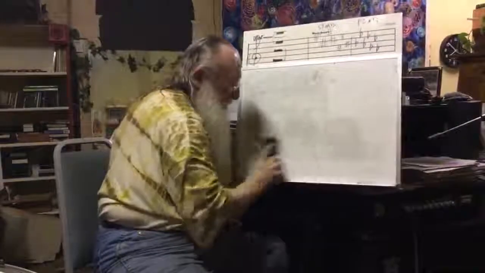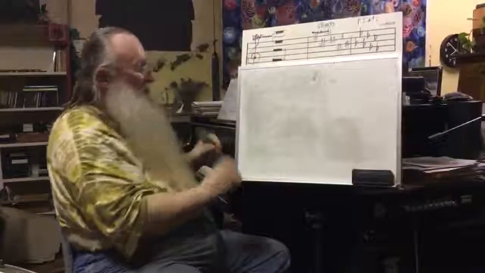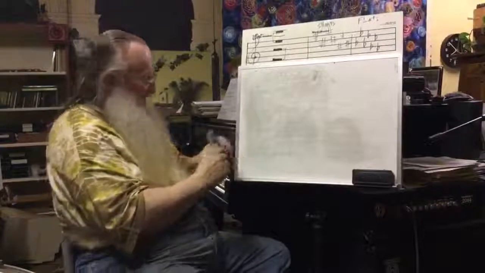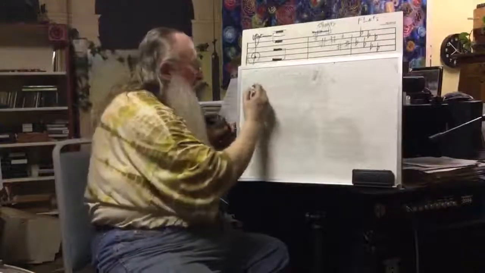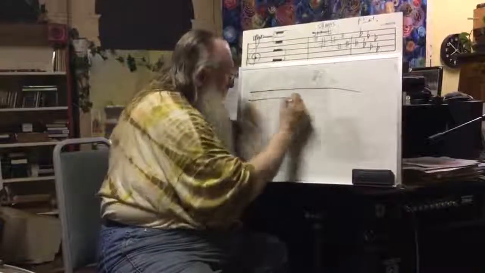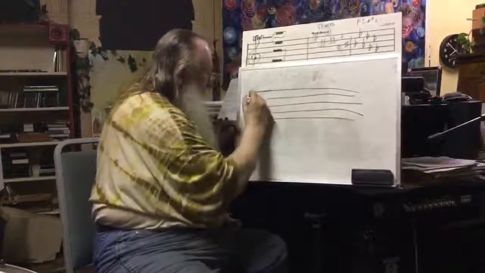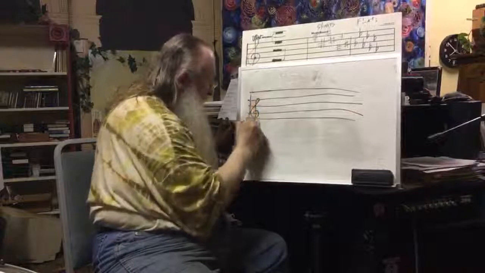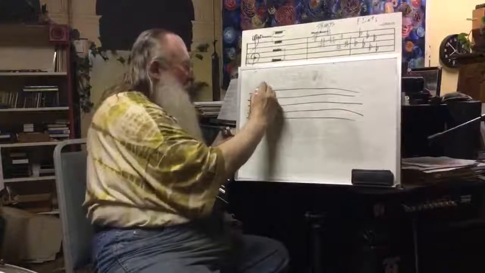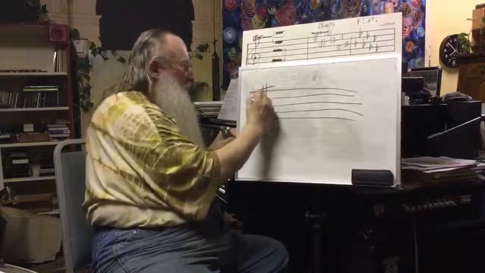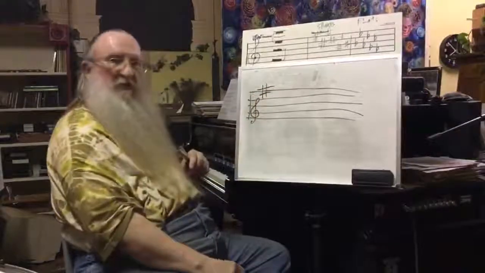Now, they usually put the sharps in a very specific order. I'm going to make it really tiny so it doesn't get in the way. The first sharp that we saw for the G scale came in on F sharp.